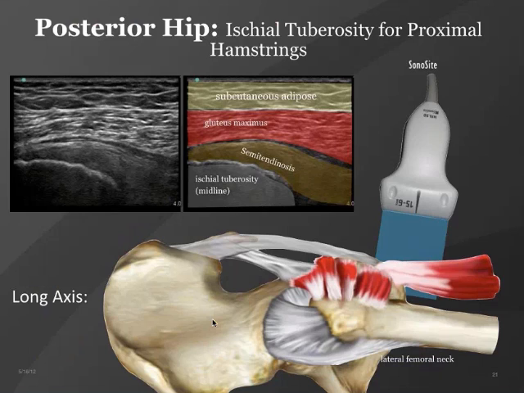Now, the posterior hip. We're interested here in the origin of the hamstring muscles, which come off the ischial tuberosity with a conjoint tendon that is difficult to separate ultrasonographically. This is a longitudinal look, as the probe shows here, at the ischial tuberosity.